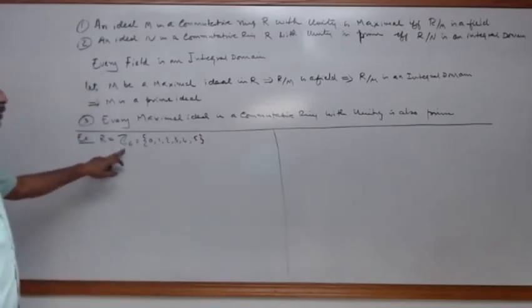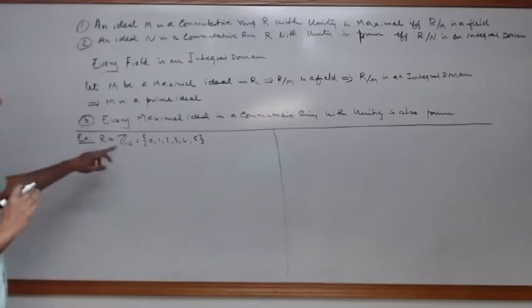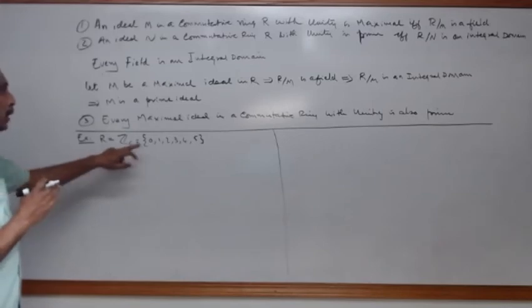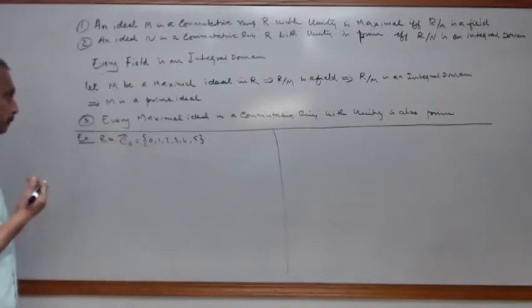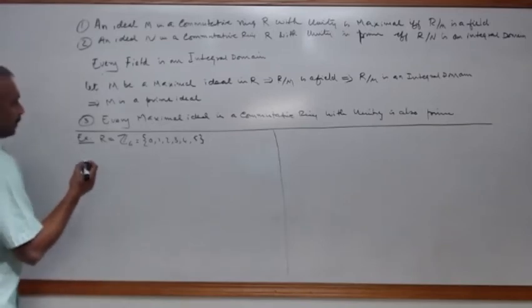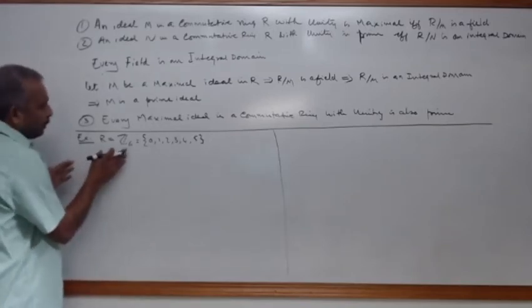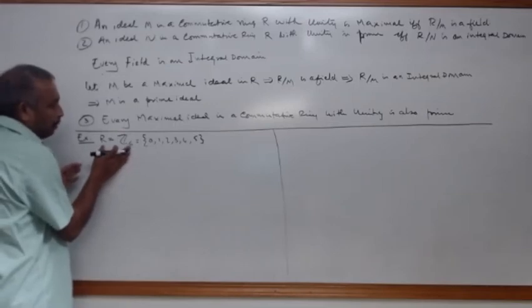Our objective is to find out the maximal and prime ideals of this. And this is a commutative ring with unity, which means that if we can find a maximal ideal, that's automatically a prime ideal. So our aim is to find a maximal or prime ideal.